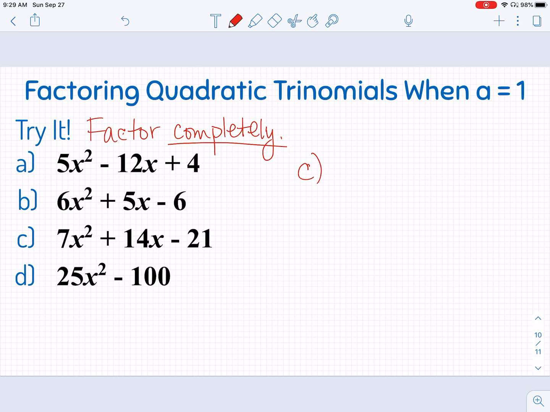Problem C. So mentally, and I guess I haven't verbalized it, in each of these problems I'm always saying, do I have a GCF? So when I looked to C, I noticed that 7 was a GCF of each of these three terms. So I'm going to pull out my GCF of 7.